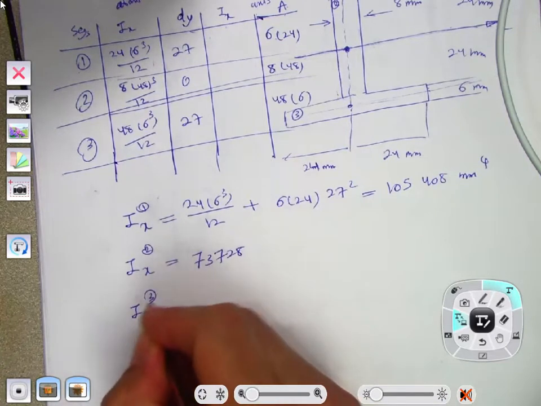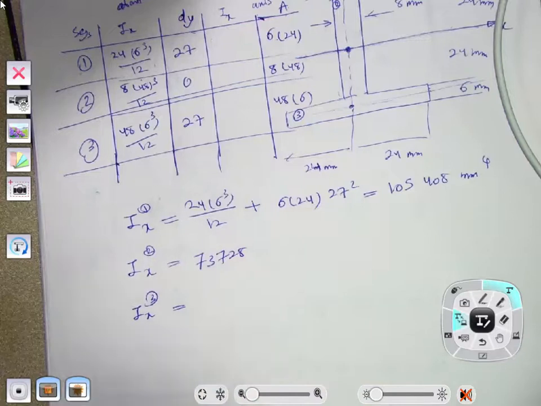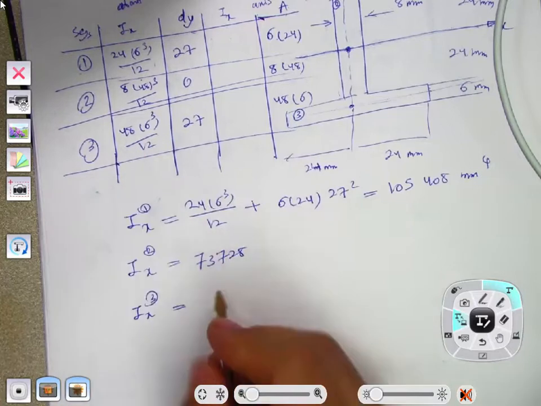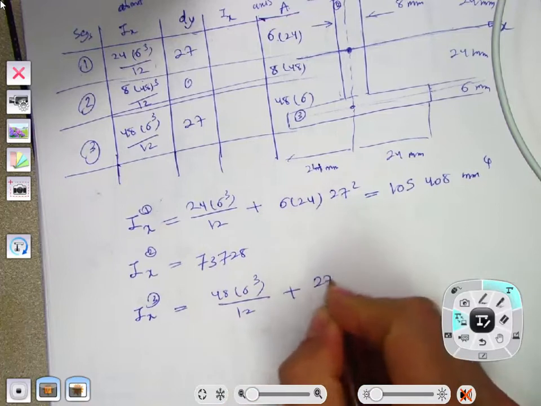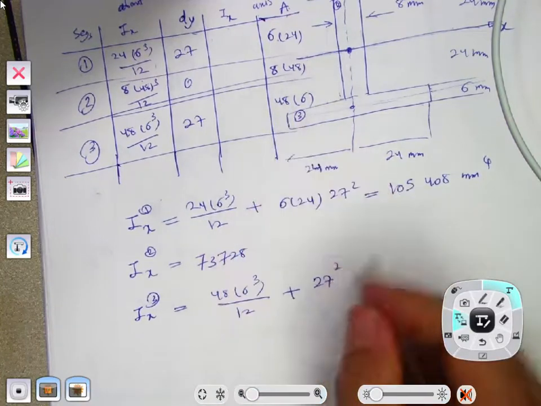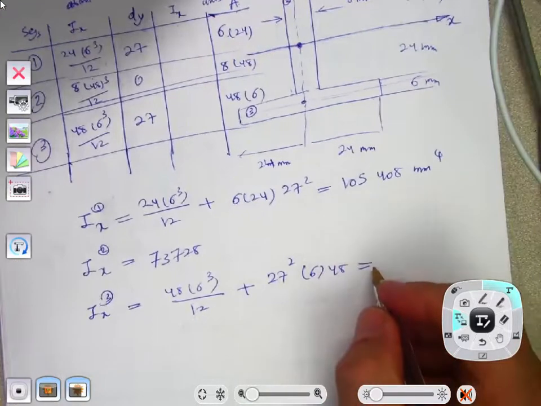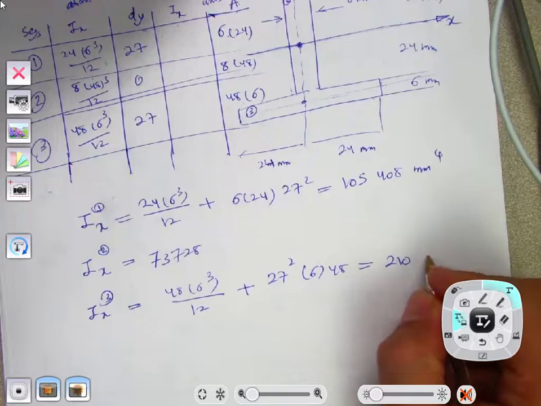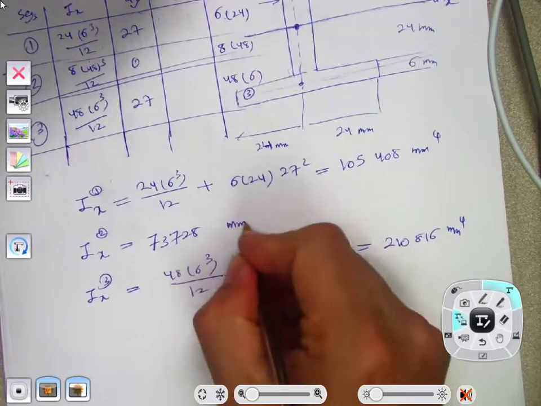And then for segment 3, this one is equal to 48 times 6 cubed divided by 12 plus 27, the distance, squared, times the area, which is 6 times 48. If you calculate this, you find Ix3 equal to 210,816 millimeter to the 4. So here it is millimeter to the 4.